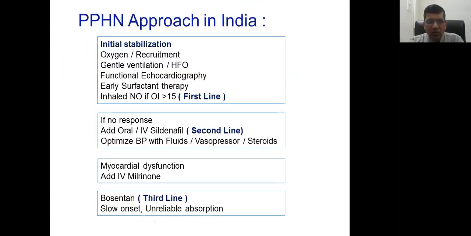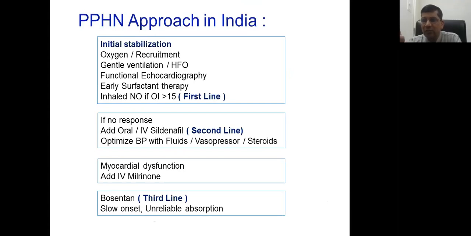Myself, I will not go into it, but this is the chart that you need to understand from what we just discussed. Stabilization with inhaled nitric oxide, sildenafil, with blood pressure stabilization, fluid, vasopressin, steroids, myocardial dysfunction with milrinone, and bosentan as third line. This is what Professor Martin Tocco is writing, as you know, the neonatology questions series.